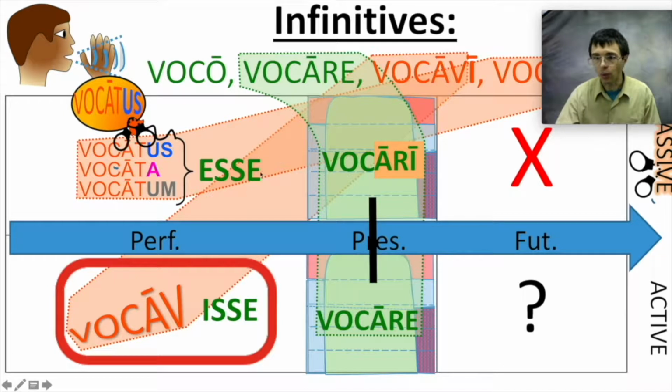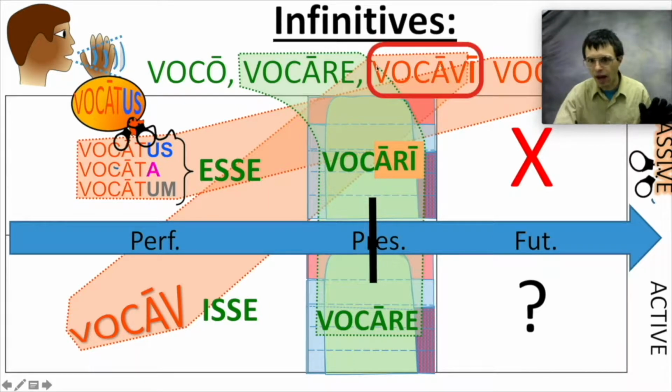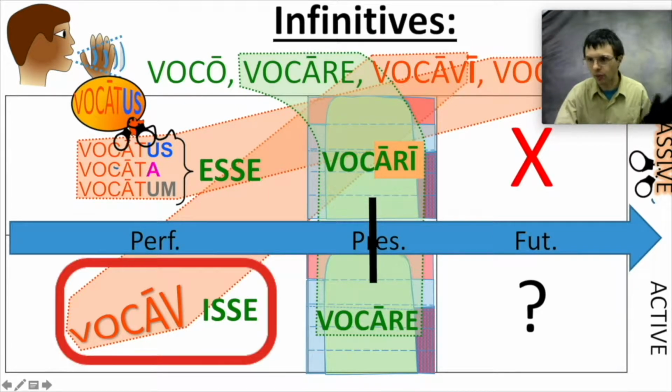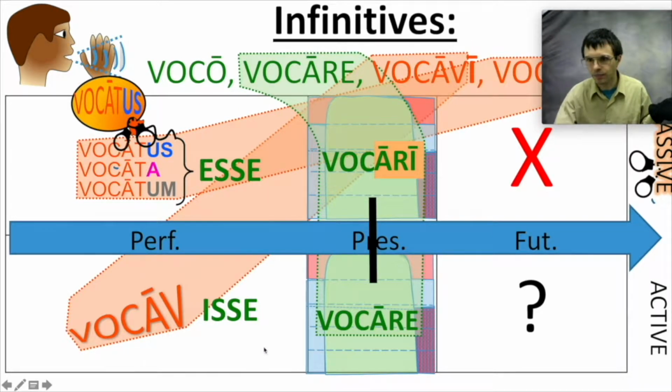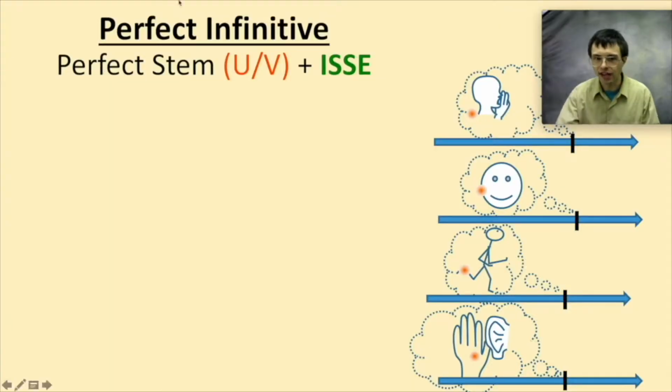All right, so first we're going to learn the perfect active infinitive. How would I make these just looking at this slide? Vocavi gave us vocavisse. What did I do to get that? Well, see the separation here with the i not included in the area? The third stem without the i is what you start with. And then to that you tack on this adulterated form of esse, isse.